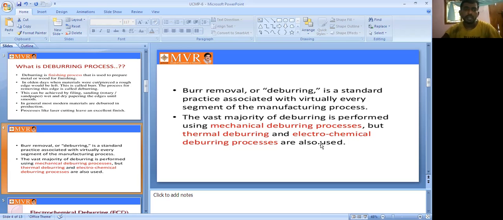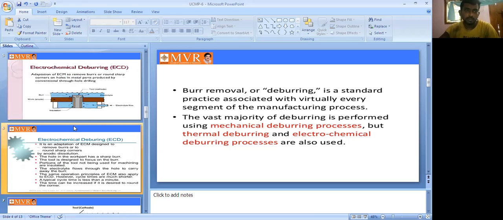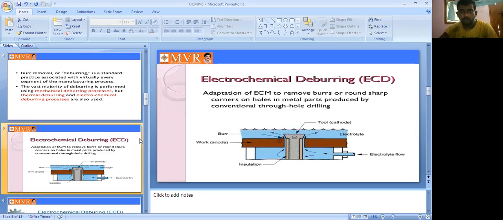Next we can see the block diagram of deburring. It is electrochemical deburring. See here, this is the burr, the sharp edges, the unwanted material.